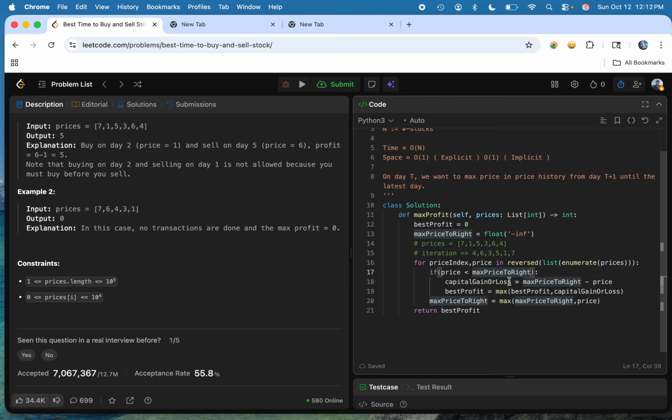We compute the capital gain, which is equal to max price to right minus the price, and then we evaluate the best profit as the max of the best profit that we've observed and the capital gain. Well, I said here capital gain or loss. It should just be capital gain, since the max price to the right is always greater than the price.